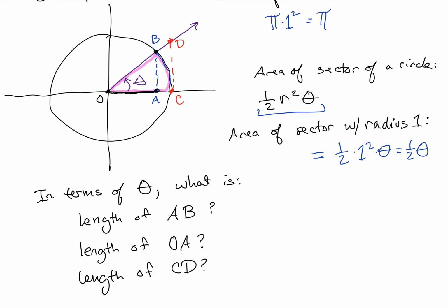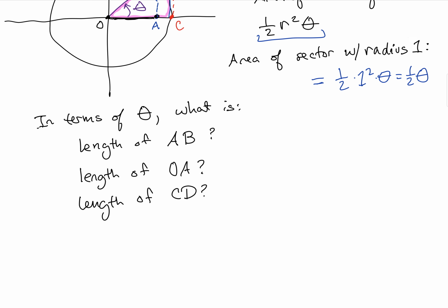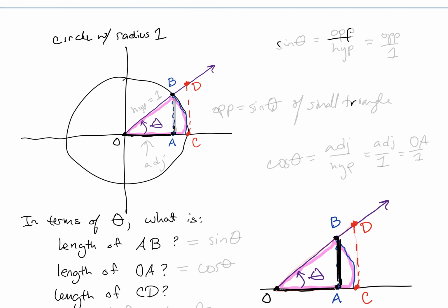Think back to the unit circle and the definition of trig functions. How is sine defined? How is cosine defined in terms of angles of the triangle on the unit circle? Okay, so to answer this, let's think back to our trig functions. We know that sine of theta is equal to the opposite over the hypotenuse. If we've got a triangle with angle theta, sine of theta is the length of the opposite side divided by the length of the hypotenuse.